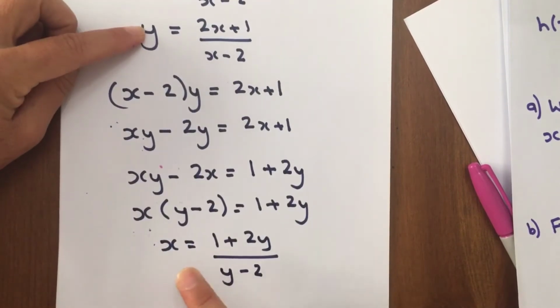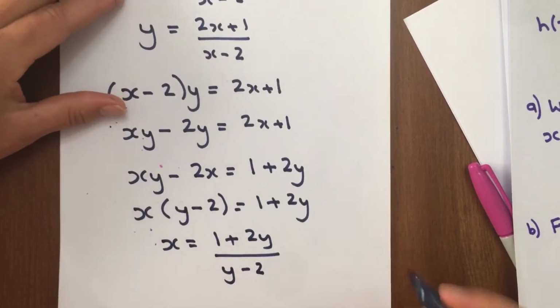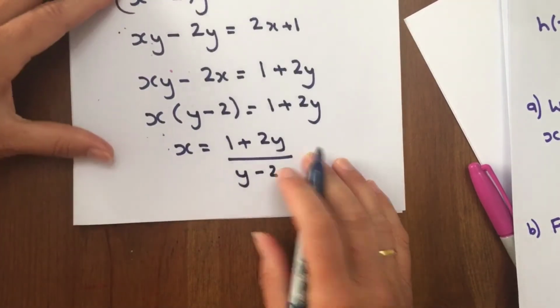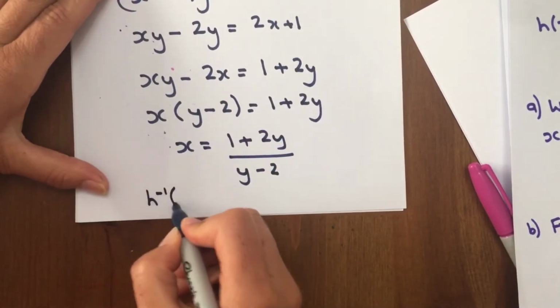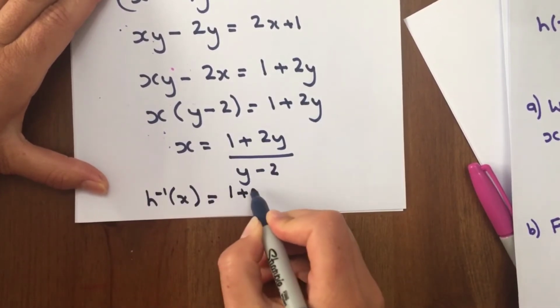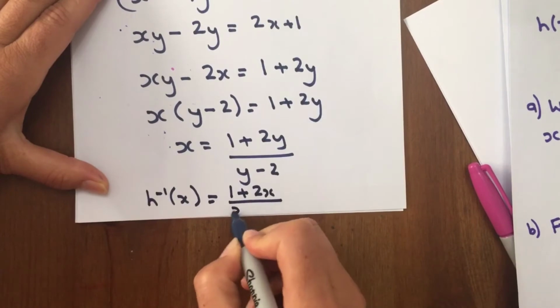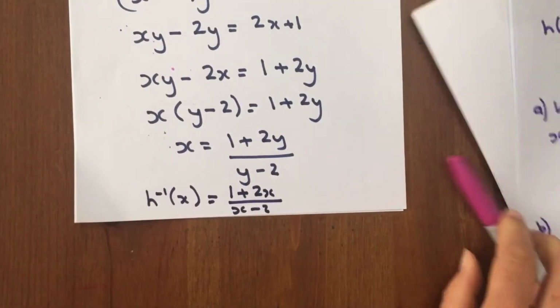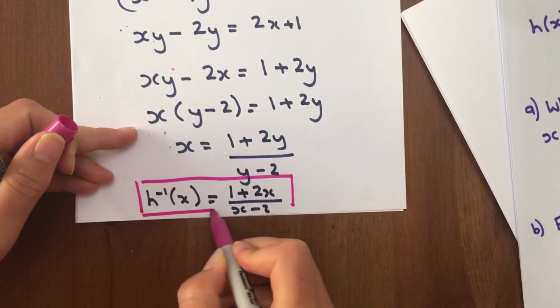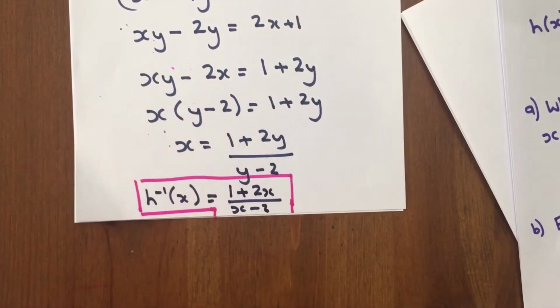And my last step now is just to write this down in terms of my inverse function. So for my inverse function, I replace the y's with x's. It's just a little bit of a cheat here. Okay, so here is my answer, my inverse function of h of x.